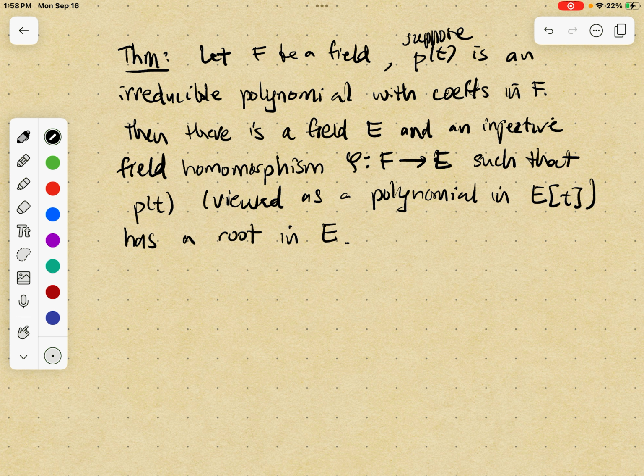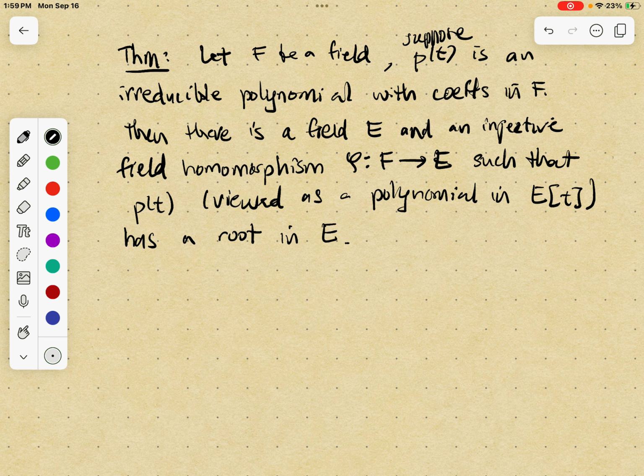So the idea is that if you have a field and a polynomial with coefficients in F, that might not have any roots in F. For instance, if you take F equals R, the real numbers, then x squared plus 1 is a polynomial with coefficients in F, but it doesn't have any roots in F. But there's a field together with an embedding of F into that bigger field, such that when you view that polynomial in this bigger field, it has a root there.